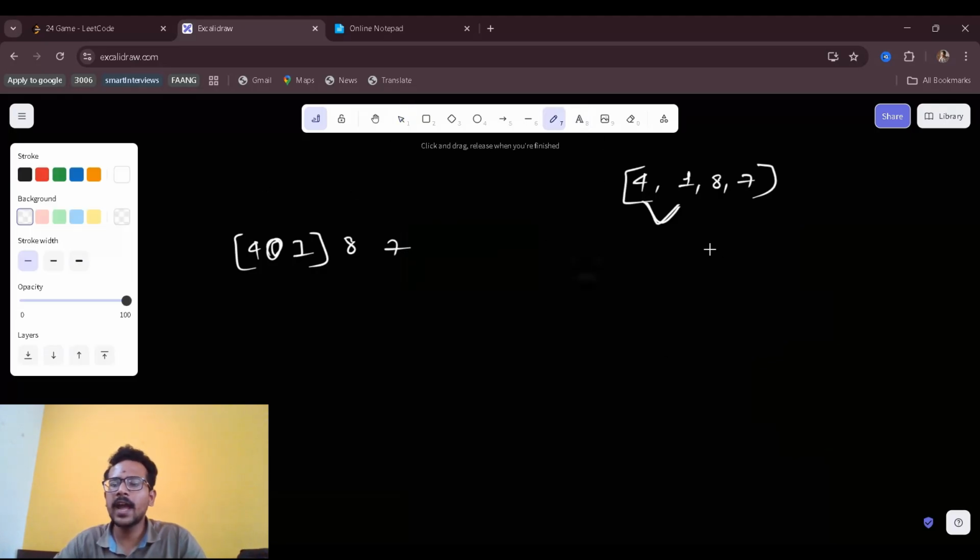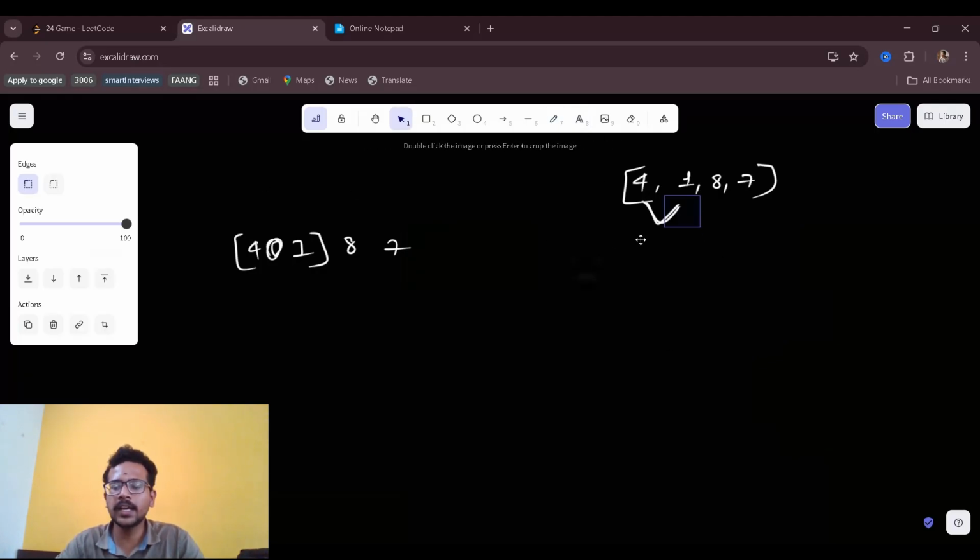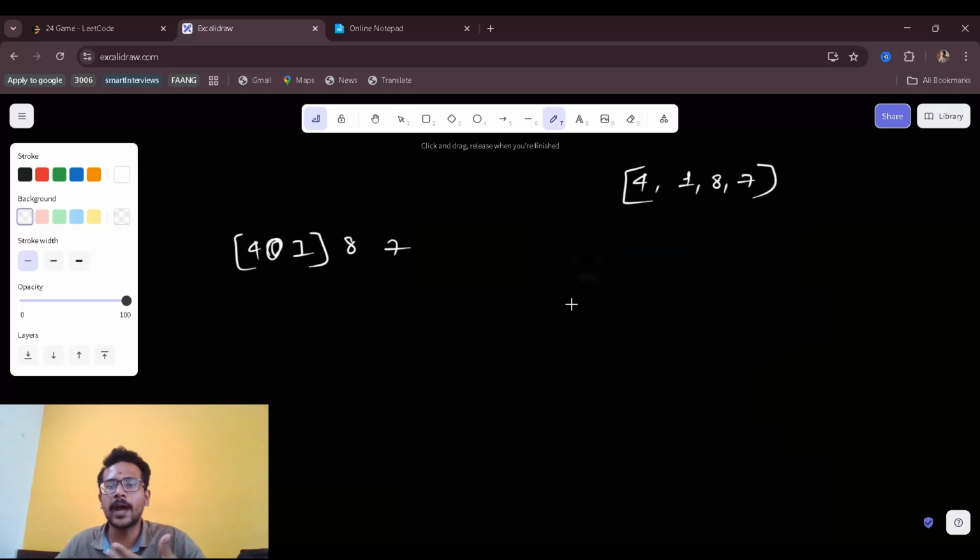Now, instead of 4 and 1, can I take 1 and 8? I'll tell you what I'm doing. Instead of 4 and 1 getting together on one side, I am taking 1 and an operation in between them and 8. I'm just placing a parenthesis between them, but for your understanding, I placed square brackets.